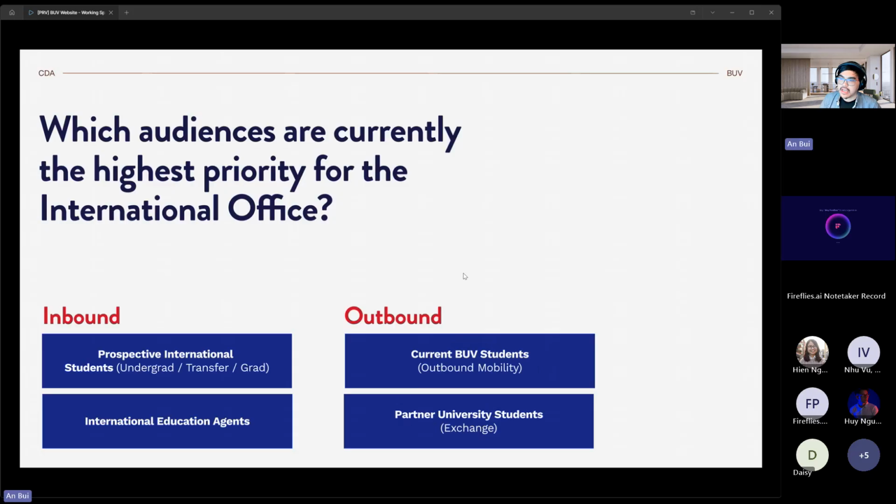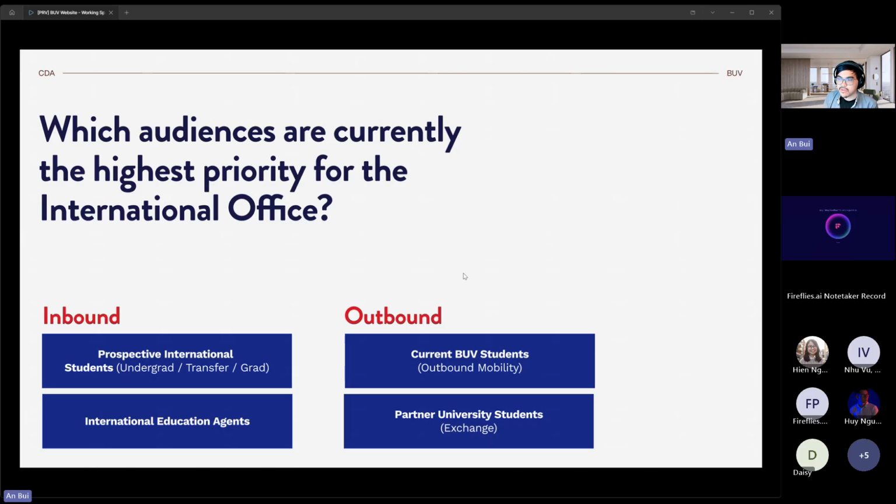And for the audiences, we kind of divide into inbound and outbound for everything. So my understanding is anything coming inbound would be prospective international students, so that's undergrad, transfer, and graduate students. We also heard that international education agents are an important source of inbound international students.